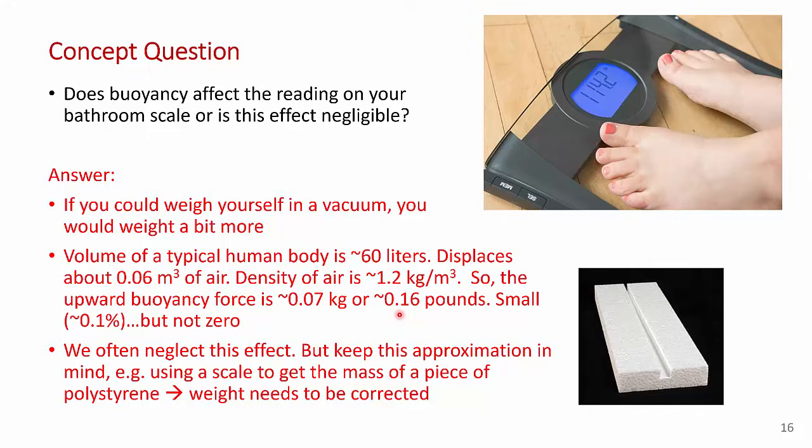You put this on a weigh scale and you measure its effective weight. That weight needs to be corrected for the fact that there's an upward buoyancy force because it's displacing air, and the density of the air that it's displacing is not that different from the density of the polystyrene. So if you don't make that correction for the buoyancy force, you will find that your estimate of the mass of the polystyrene is incorrect.